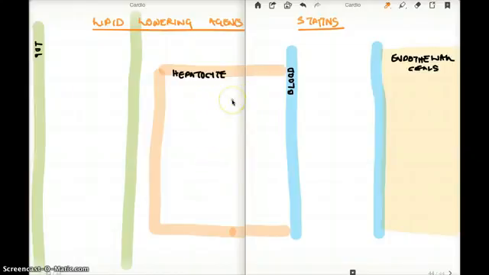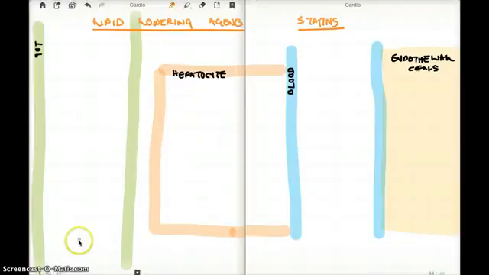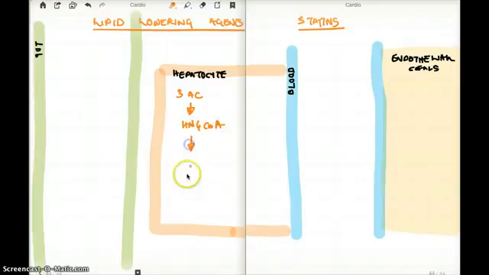Okay, before we get into the details, what happens in hepatocytes is that hepatocytes are responsible for making cholesterol in our body. So let's say from glycolysis we get acetyl-CoA. We're going to get about 3 acetyl-CoA. From 3 acetyl-CoA we're going to get HMG-CoA. From HMG-CoA we're going to have mevalonic acid.